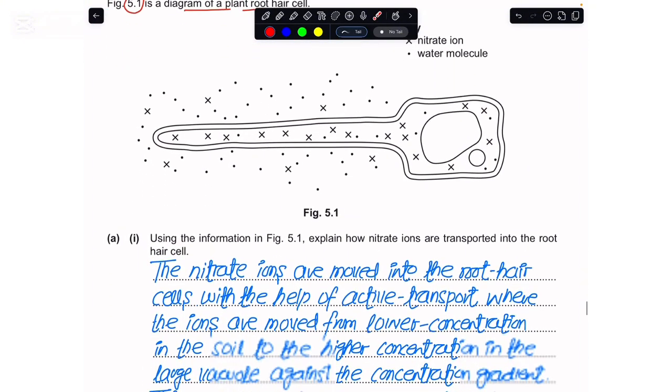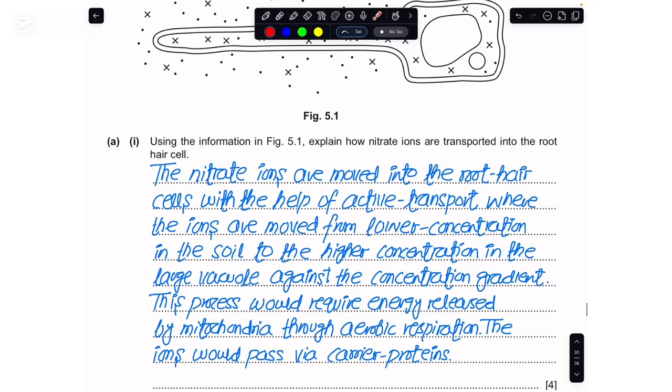So this is something they are asking for a total of 4 marks, that we need to use the information in figure 5.1, and we have to explain how the nitrate ions are transported into the root hair cells. So we would say that the nitrate ions are moved into the root hair cells with the help of active transport, where the ions are moved from the lower concentration in the soil to the higher concentration, not in the large vacuole, but rather in the cytoplasm, which the examiner has shown you.